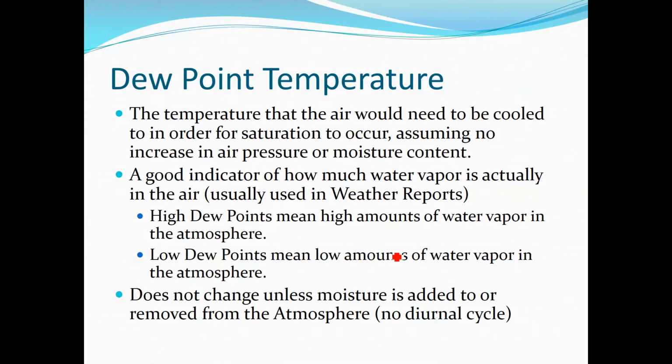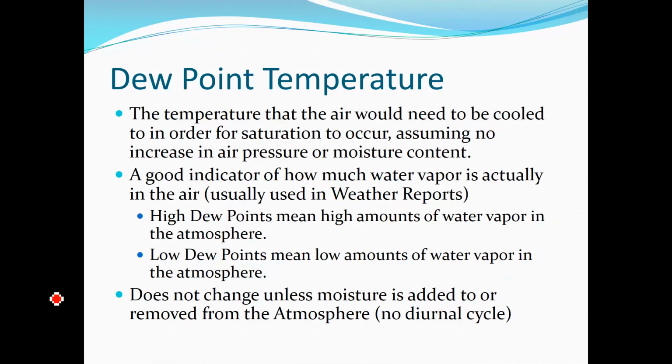So it's useful. Dew point temperature is the temperature that air needs to be cooled to in order for it to become saturated. So it's what we have to lower the air temperature to in order for it to become saturated. This is assuming no changes in moisture content, no changes in anything else.